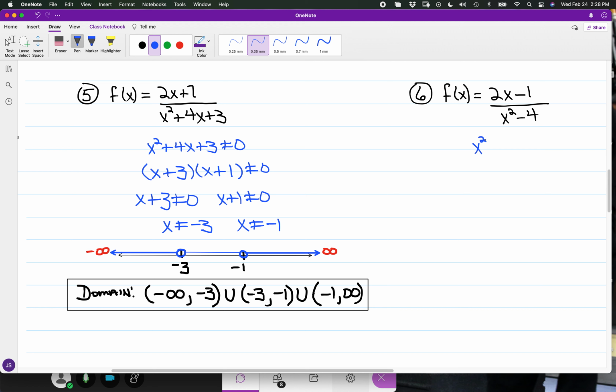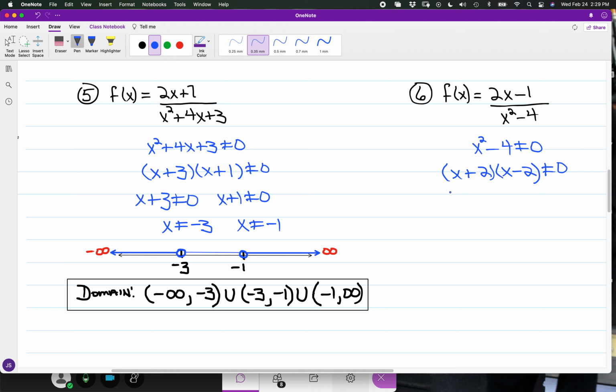A little bit of history repeating: in a rational function, the denominator cannot be equal to 0. For x squared minus 4, if I factor, I have the quantity x plus 2 times x minus 2.